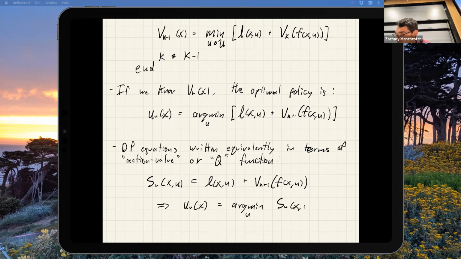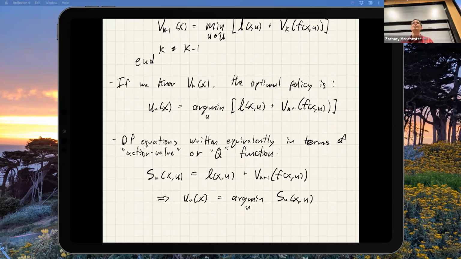So why might I do this? Why would I like to have this S instead of the V? Why do we do it in RL? Anyone know? It's exactly the same, actually.